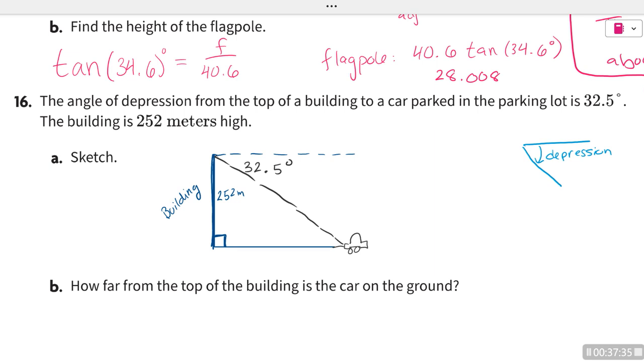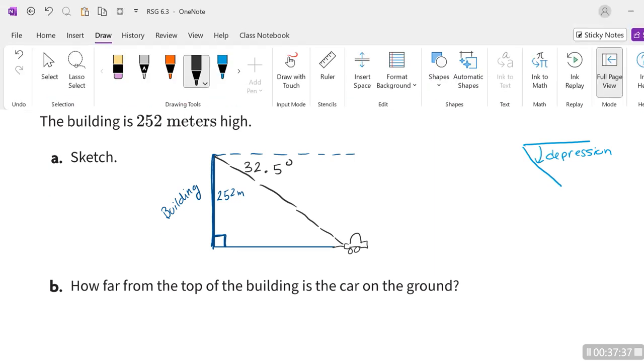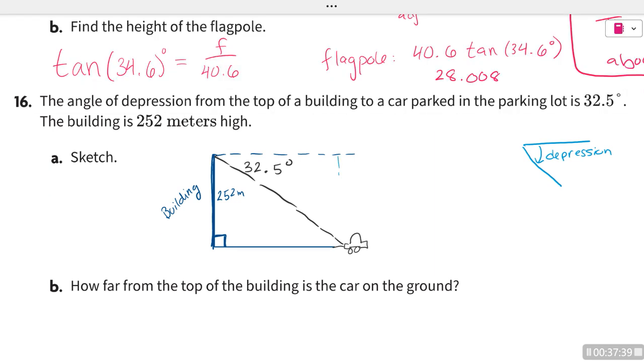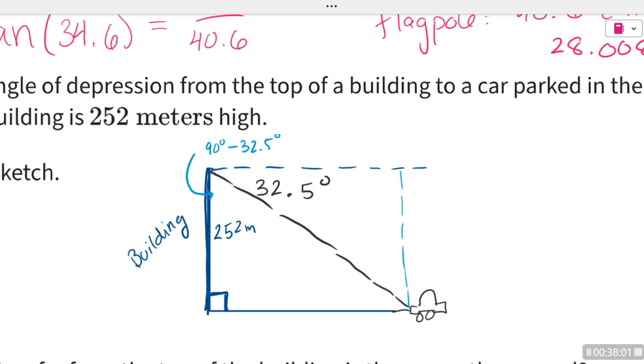Now I'll close this off here. Since these are a 90-degree angle, I could say that this one is 90 minus 32.5 degrees. Well, 90 minus 32.5 gives us 57.5.